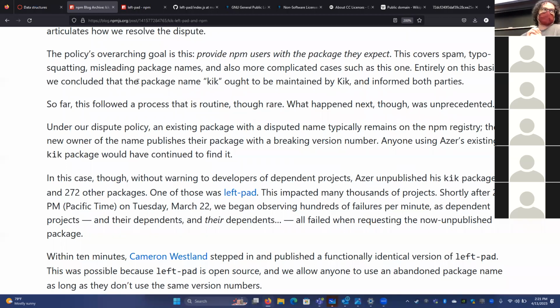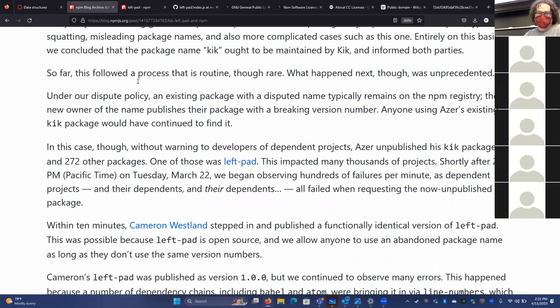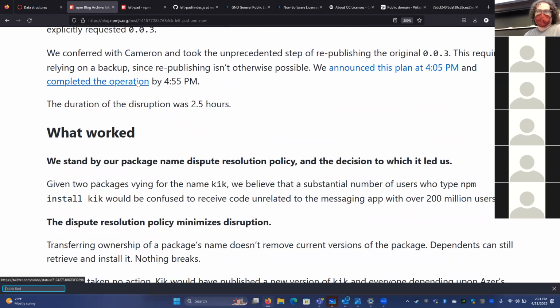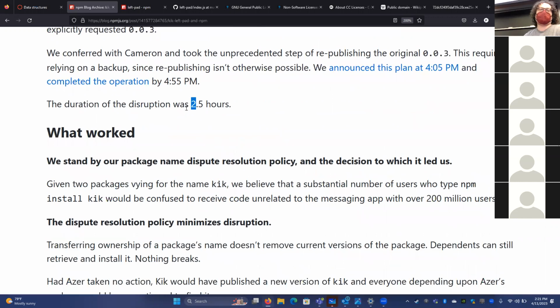So when he withdrew all of his packages from NPM, that broke all the packages that relied on LeftPad, which broke all the packages that relied on that, which broke things like Facebook, like their entire website. It says that they were down for about 2.5 hours.